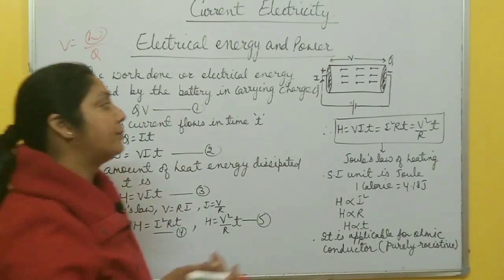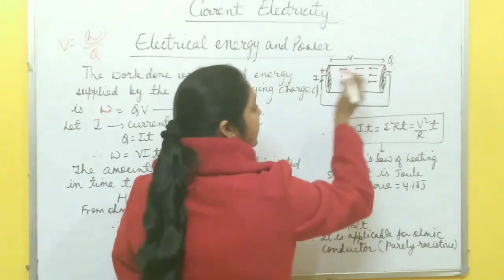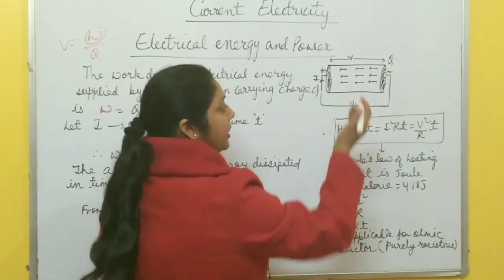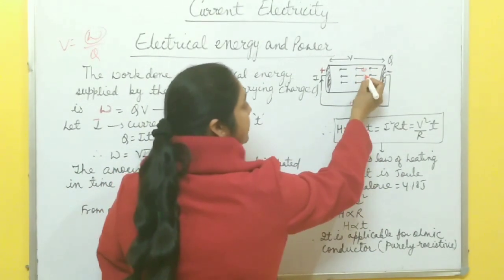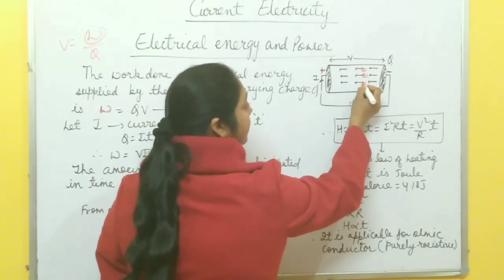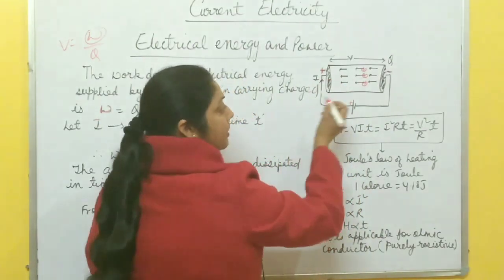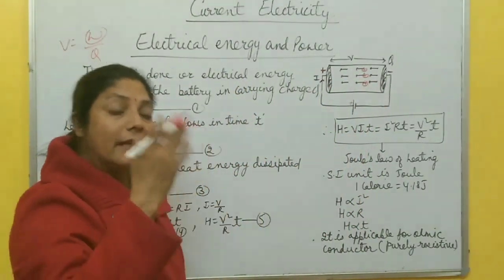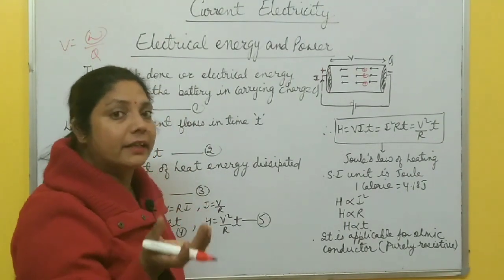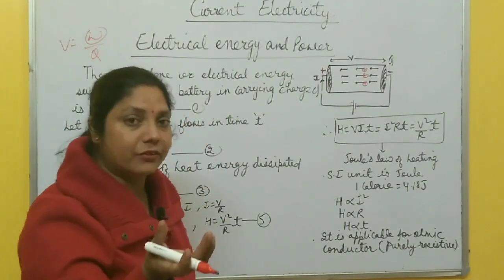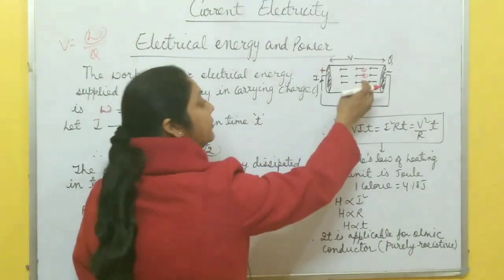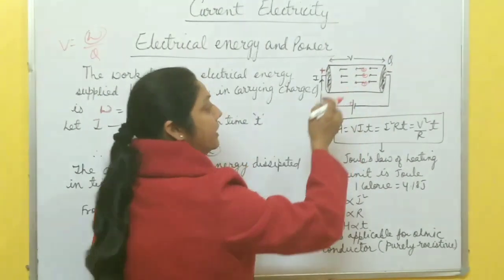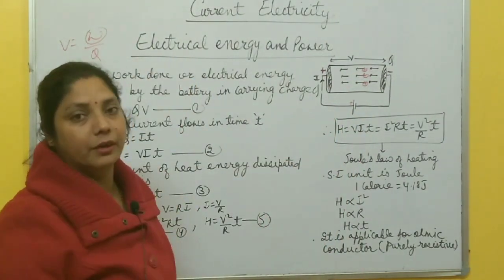Now what happens? Due to the movement of the electrons, an electron gains kinetic energy, and during its motion it leaves behind positive ions. Because positive ions are very heavy, they are immobile. So when another electron comes, it collides with these positive ions. The electrical energy gained by the electrons is given to the positive ions, and these positive ions start vibrating up and down.